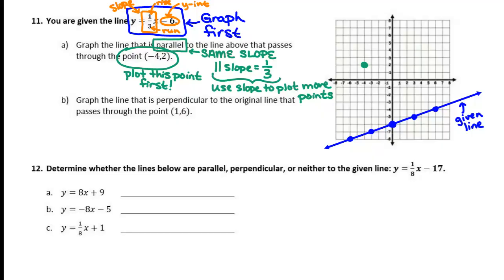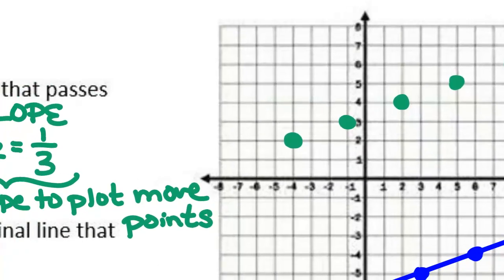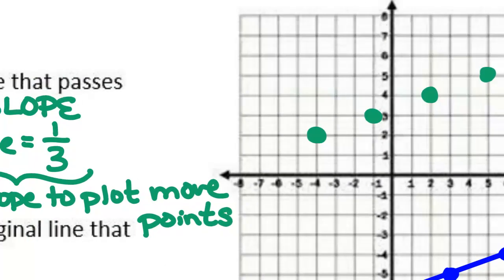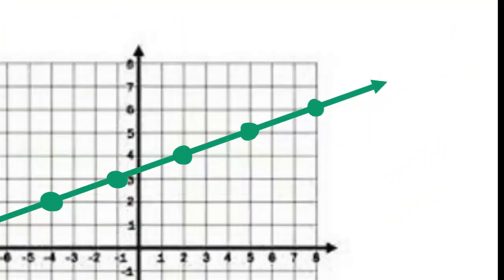Up 1 and right 3, which gives me a point right here. Up 1 and right 3, up 1 and right 3, up 1 and right 3. I can even turn it backwards and go down 1 and left 3 for one before I hit the edge of the graph. And then I'm going to sketch my line through those points. This is my parallel line.